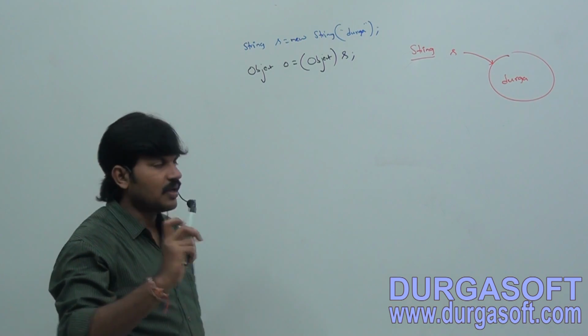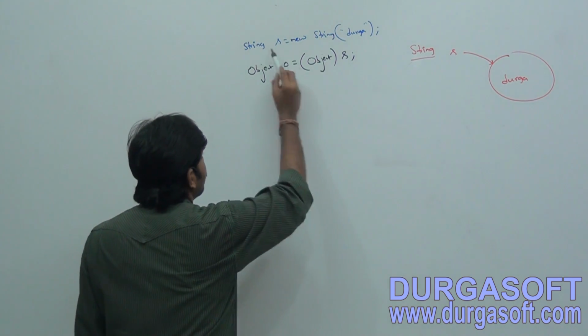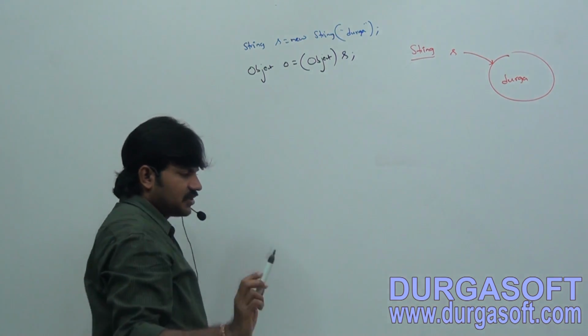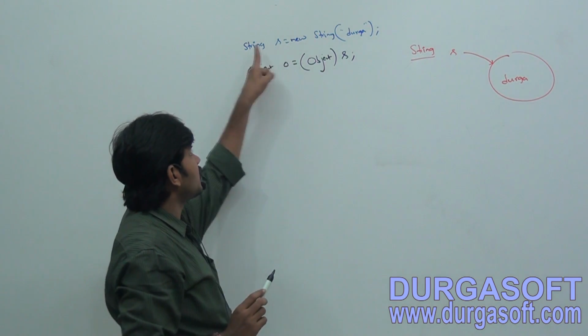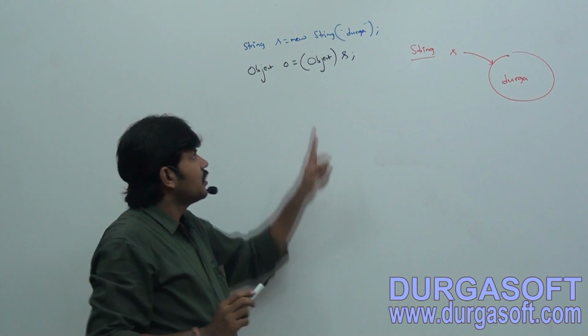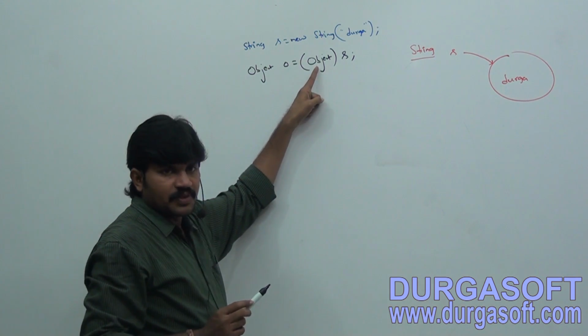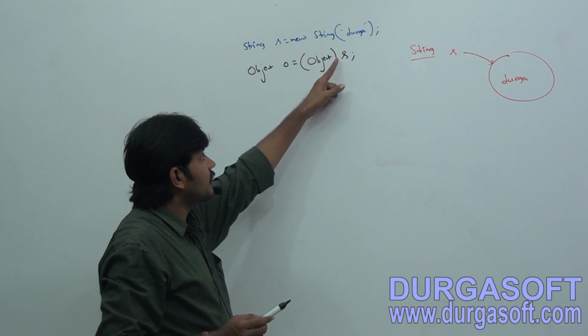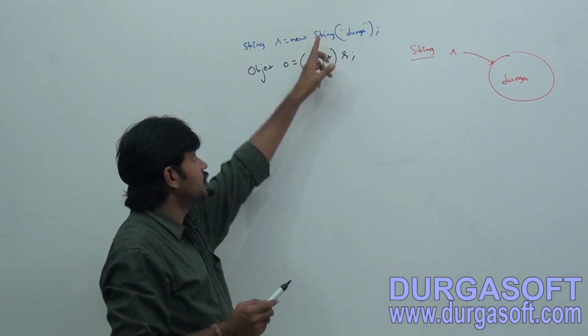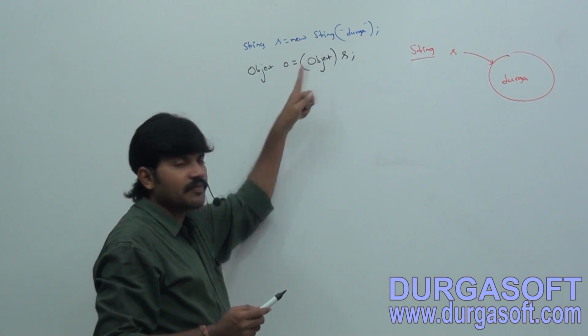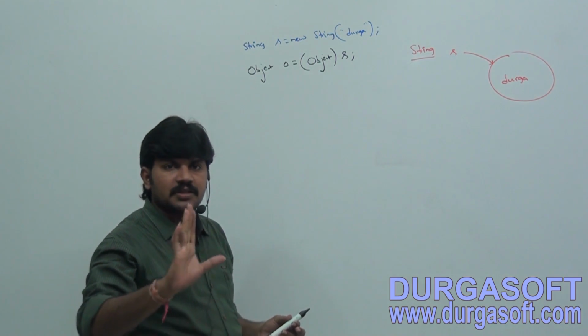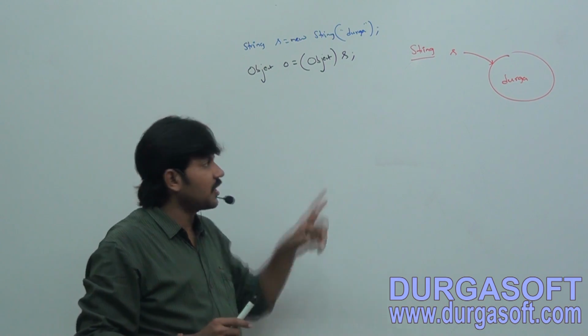Rule number 1, or condition 1: the type of s and Object should have some relation. Object and String are parent and child. Next, the internal runtime object type of s is String, which is a child class of Object. That's why this typecasting is perfectly acceptable, right?